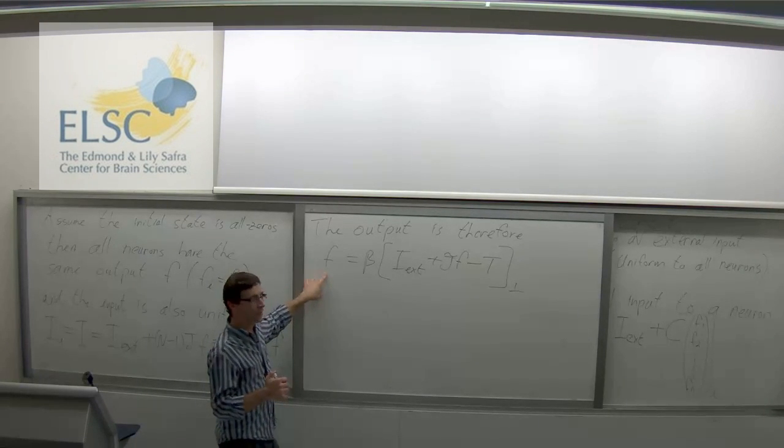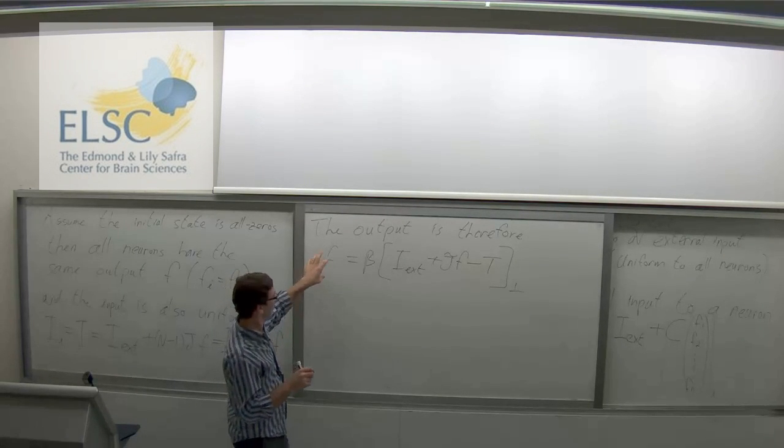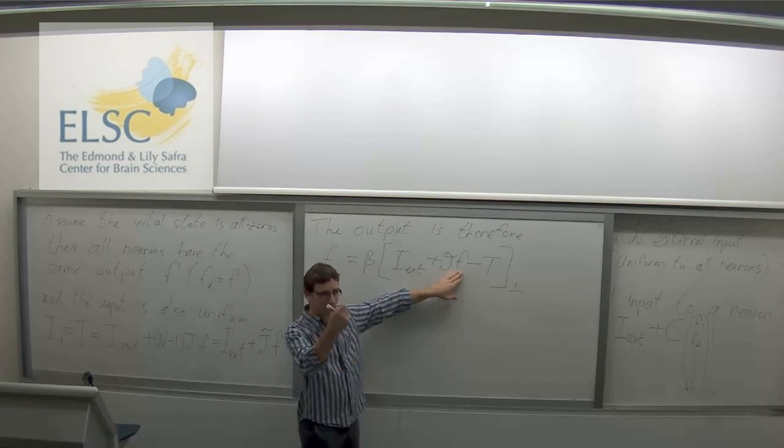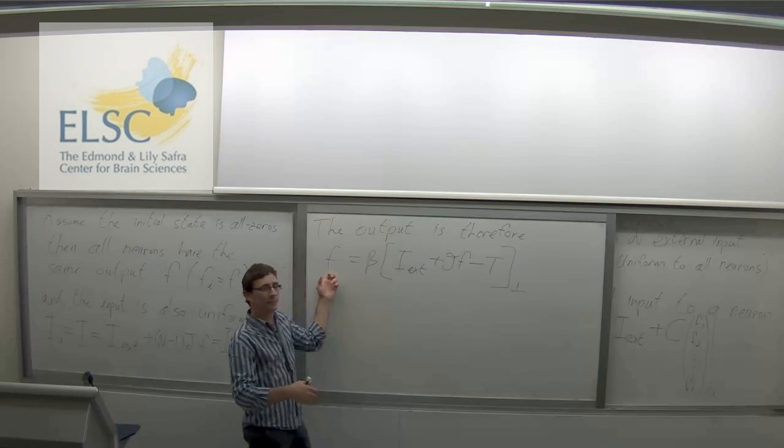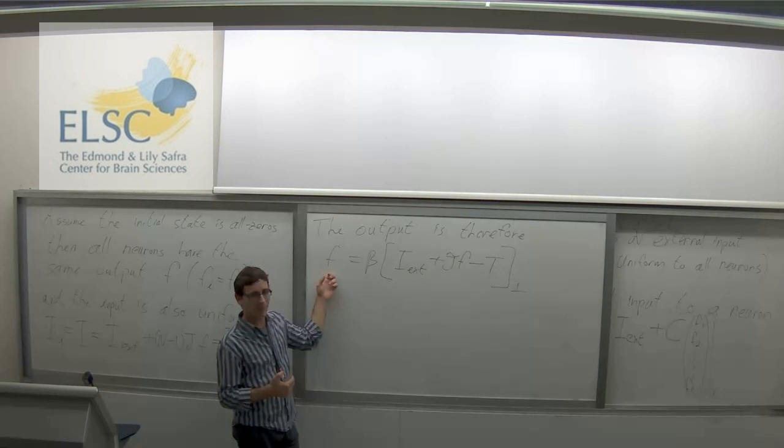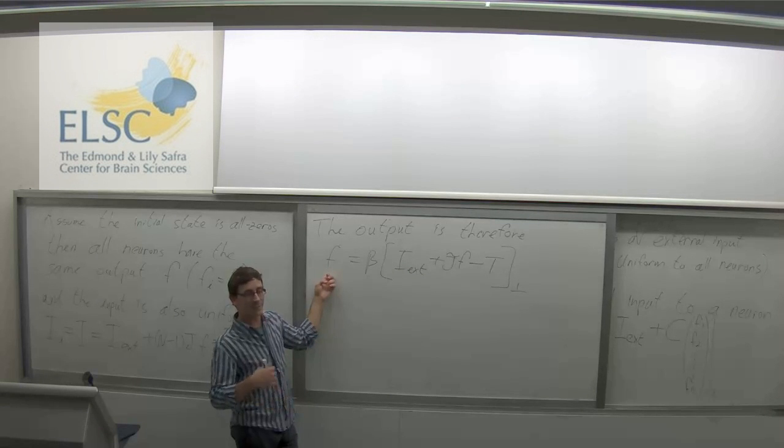I'm interested in some particular f, maybe there are a few of them. What are the activities f such that I start off with neurons that are active to the level f, and after I iterate it, I stay in the same place. This is called a steady state.